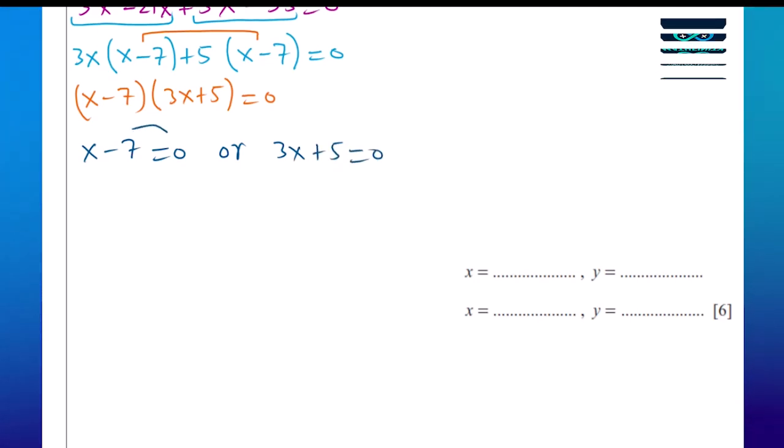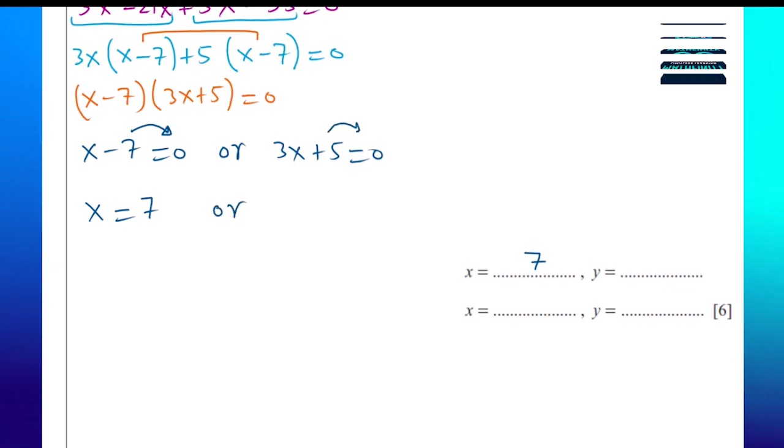From here, what value of x will we get? 7. This value we will write here. Or what value will we get from here? First we shift 5, it will become negative 5. And what number is beside x? 3, so we will divide. So what is the answer? x is equal to negative 5 over 3. The second answer we got is negative 5 over 3.